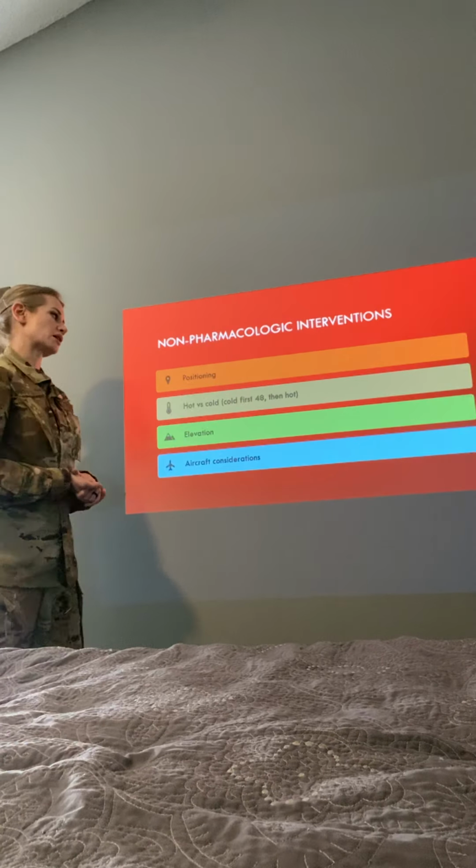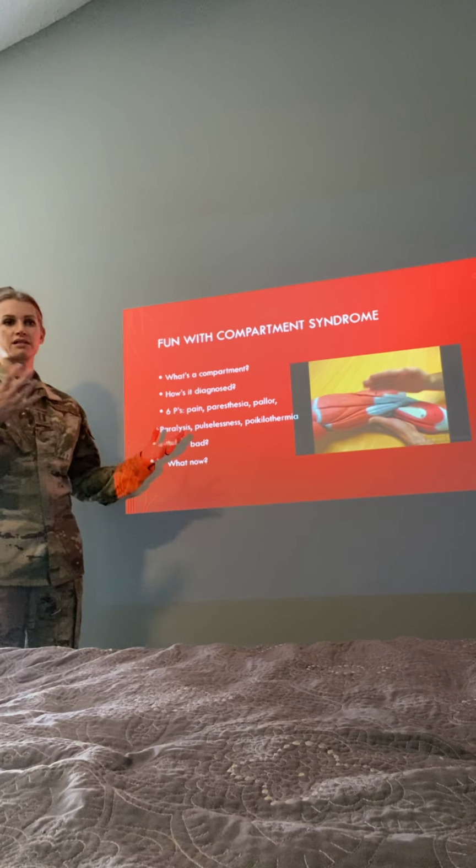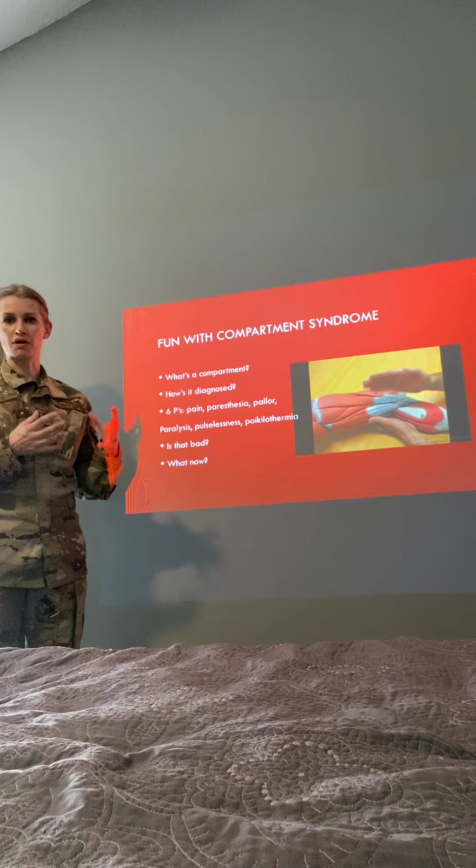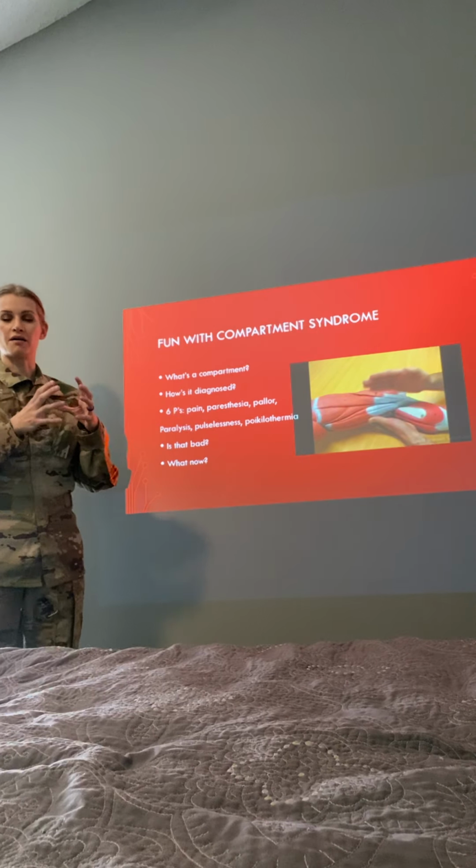One thing, something unassuming like a sprain can actually have significant risk for even compartment syndrome, which is a huge concern with any musculoskeletal injury. So what is a compartment? A compartment is any muscle that has a surrounding sheath, which is every muscle in the body.